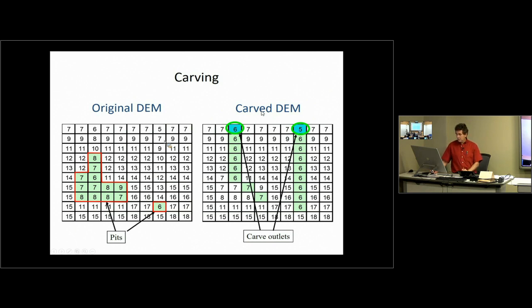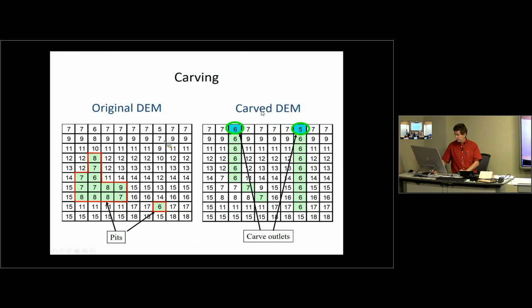So I might say, this grid cell 6 should drain out here because that's the lowest point on the outlet, but it has to go uphill. So if I lower this 7 to 6, lower that 8 to a 6, lower that 10 to a 6, lower that 8 to a 6, and there we've got 6, we can effectively construct a carved digital elevation model. That is another way of hydrologically conditioning the digital elevation model so that every grid cell can drain to the outside without flowing uphill.